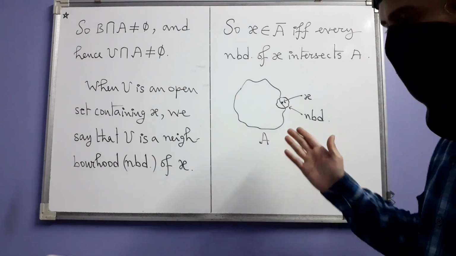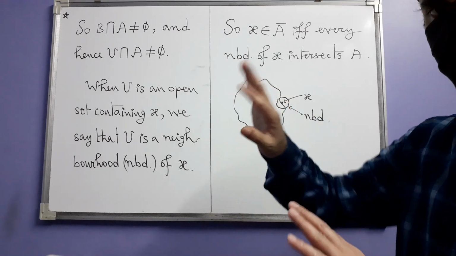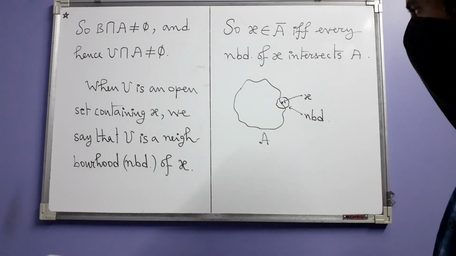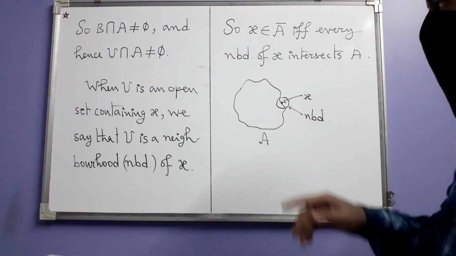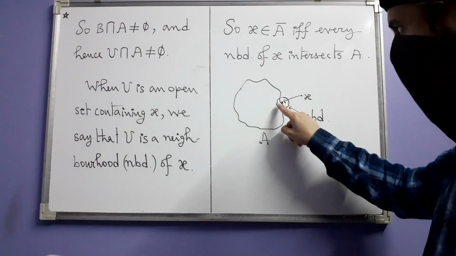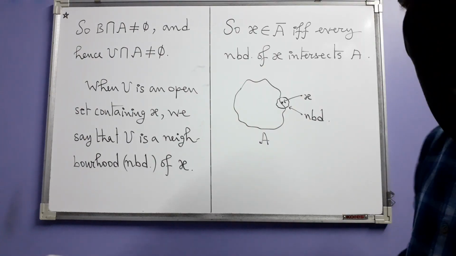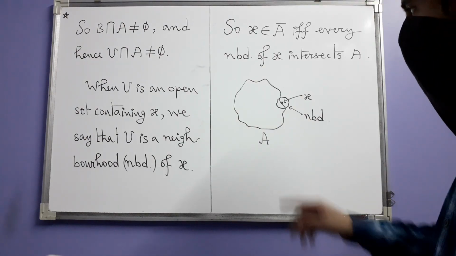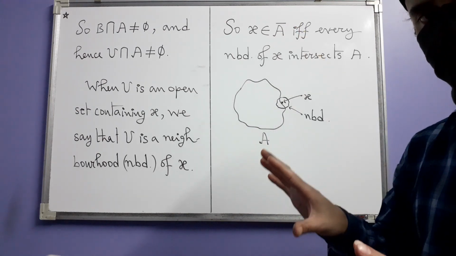This is a schematic diagram of the situation. This is your set A inside some topological space. Now this point X is so close to A that no matter what neighborhood of X you choose, that always intersects A. If that happens and only when that happens, X will belong to the closure of A. So closure is that type of set.